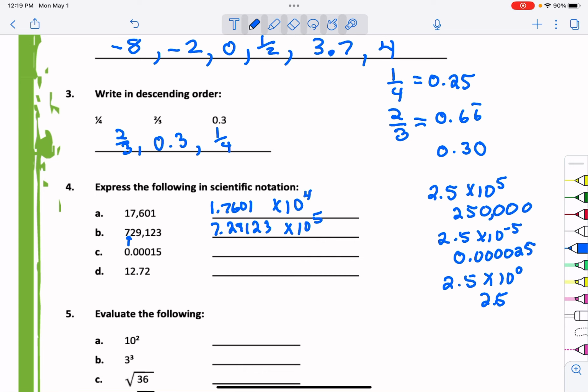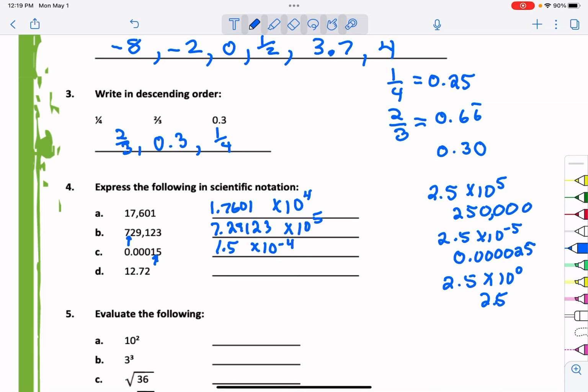Now, C is our first one where we get a number that is less than 1. So in that case, we're going to have to make our exponent negative. So that's going to be 1.5. We have moved our decimal place 1, 2, 3, 4 places. So that's going to be times 10 to the negative fourth.